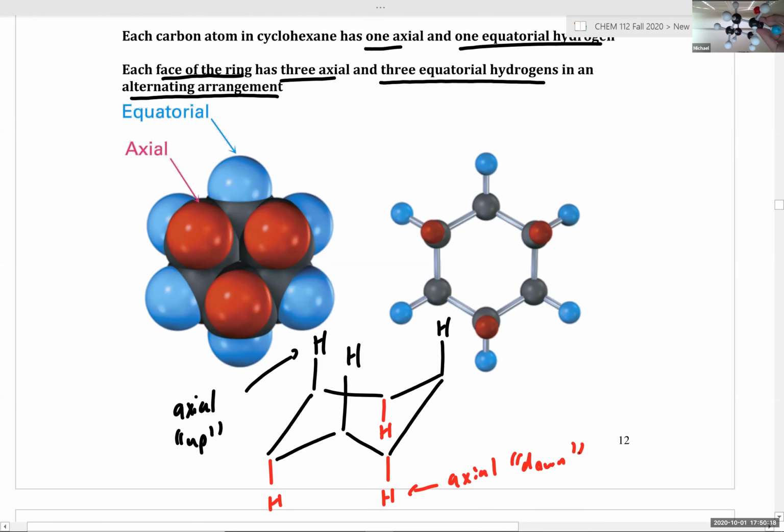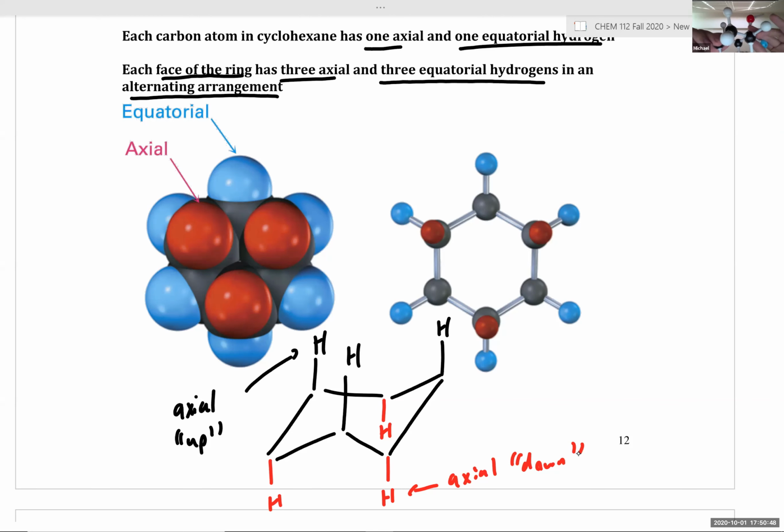Does everyone see the axial up and axial down hydrogens? So just as a refresher, the axial up hydrogens, 1, 2, 3, are perpendicular to the plane, they're pointing up. We also have axial down hydrogens, 1, 2, 3. They're perpendicular to the plane and they're pointing down. Does that make sense?